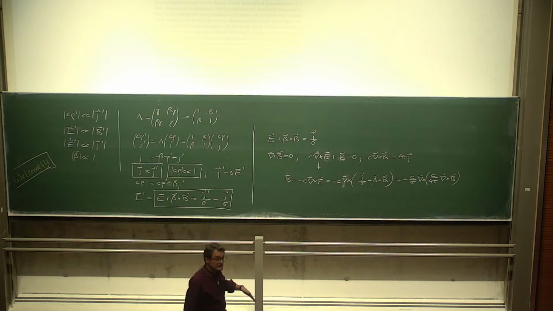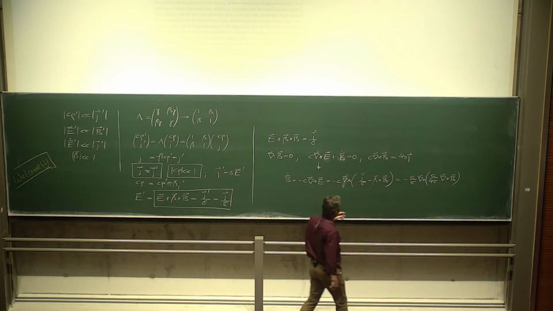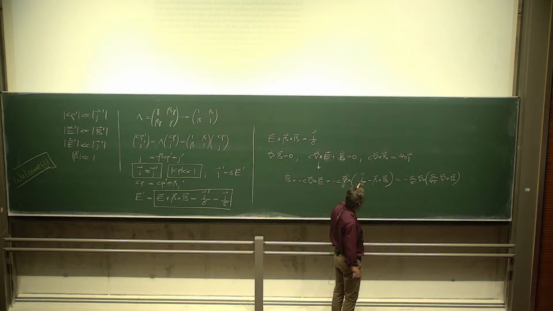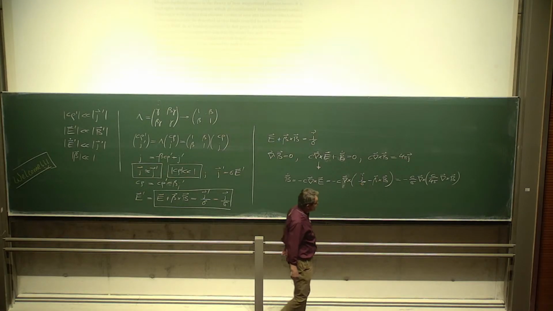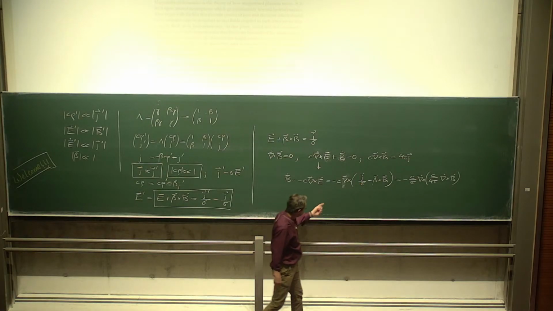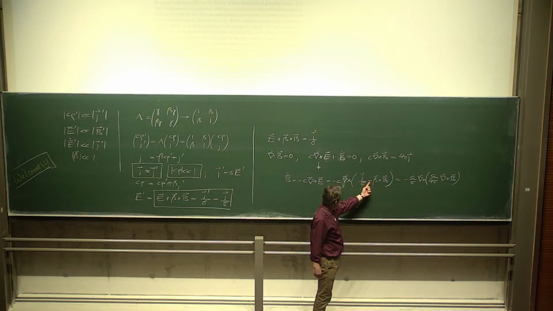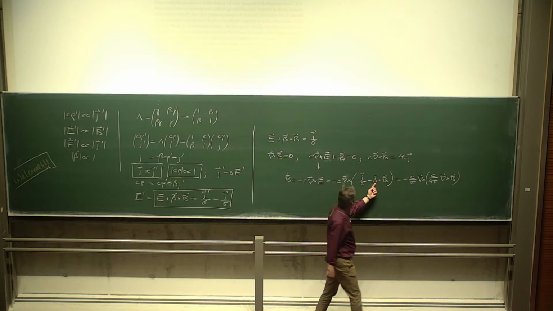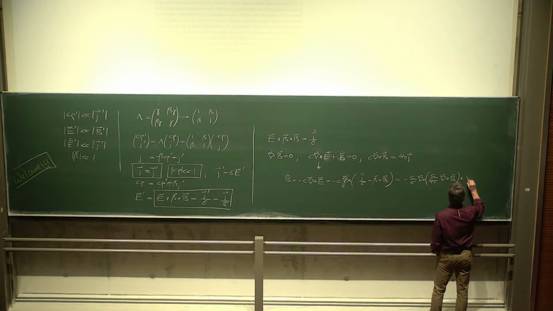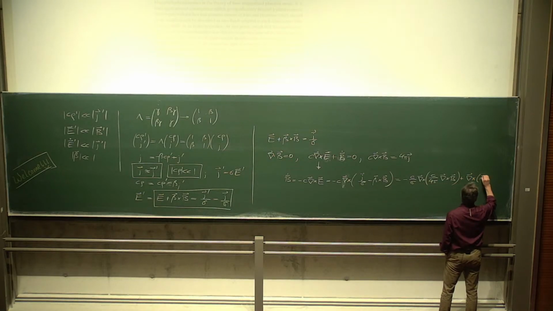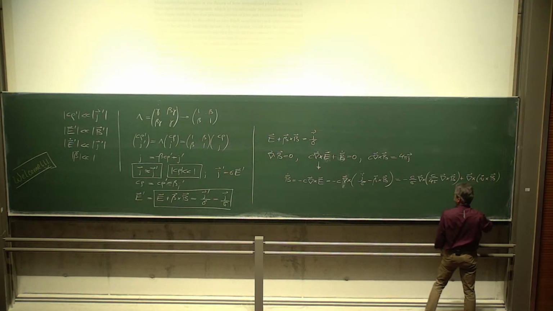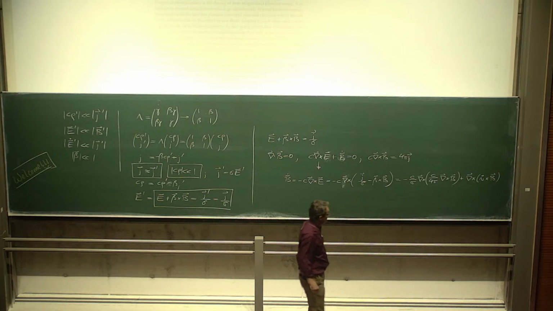Then, of course, the conductivity will depend on space, but I'm ignoring that for now, and I'm pulling the sigma out here. What else? We get a plus c times beta, that's V. So we have plus the curl of V cross B.